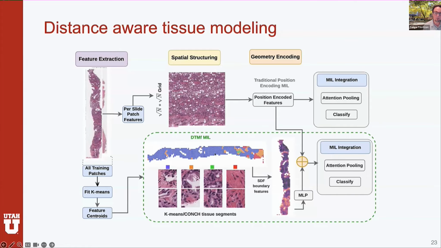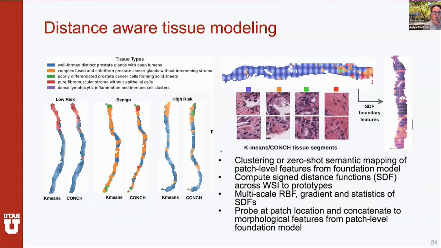Once we have segmented the whole slide at the patch level into these different clusters in an unsupervised way, we compute signed distance functions everywhere in the whole slide to the different clusters, and we derive some additional features from those. Then at the patch level, when we're looking at a patch, we not only use its features from the foundation model, but we augment them with these signed distance functions computed at that location.